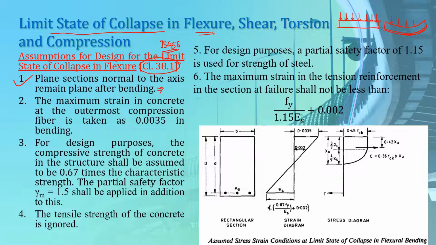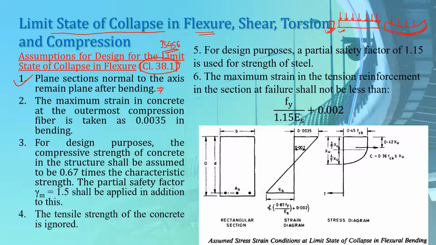And if you look at the cross section of this beam, if we suppose that this is a rectangular beam, then this section of the beam, which is plane before bending, also remains plane after bending. So what does this imply? This implies that the strain across the depth of the section is varying linearly.